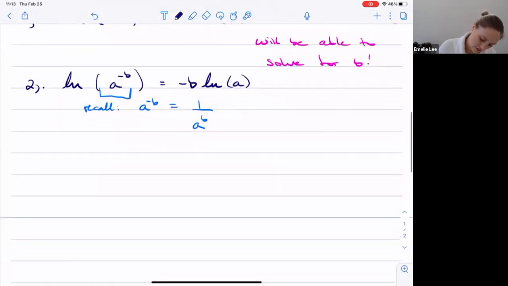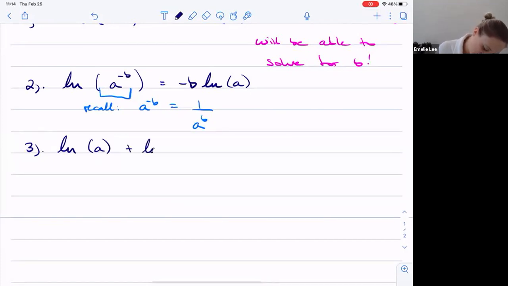The third law is kind of interesting. If you have the natural log of a, and I'm trying so hard to call it the natural log, but let's just call it the log, save me some time. The log of a plus the log of b.